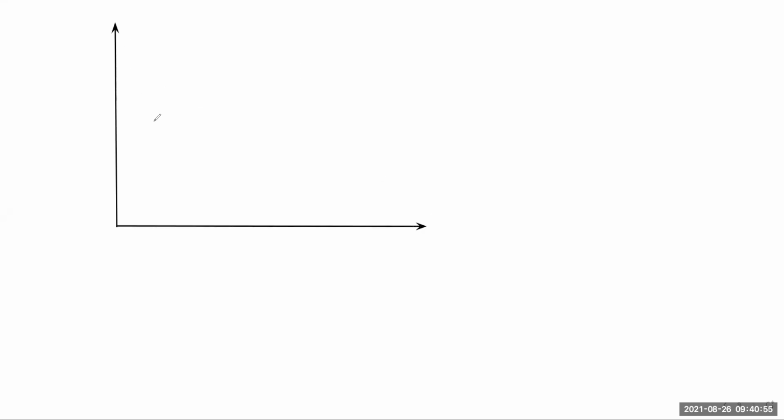So now imagine, if y dash, if you remember, y dash first increases, becomes maximum, then again becomes 0, right?